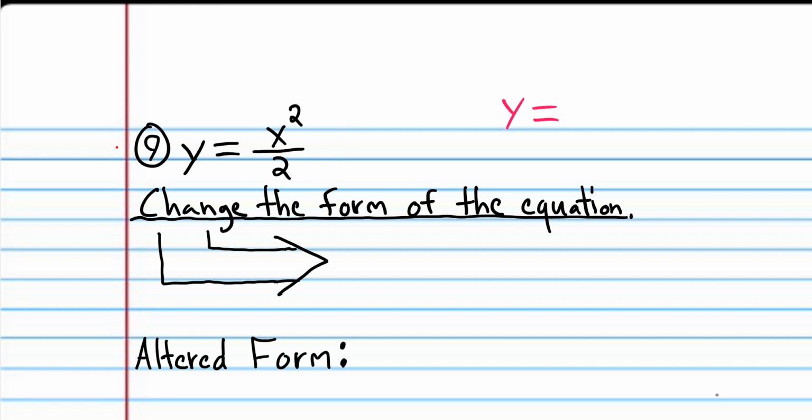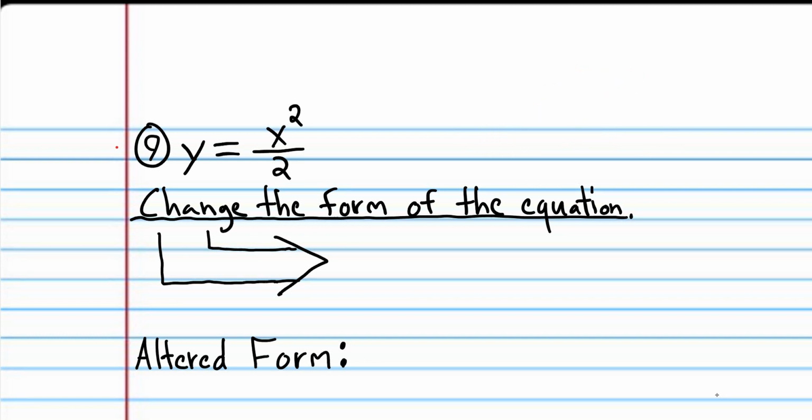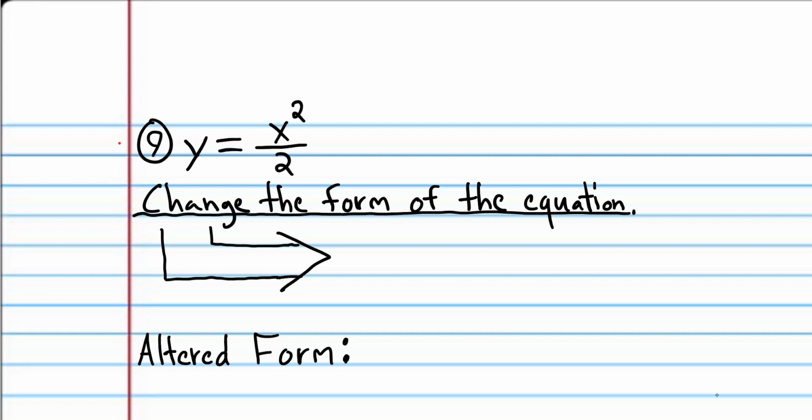If you divide x by 2 in this parent graph, you would need parentheses. Now, it doesn't look like it's much different from this blue graph over here, but they're very, very different.